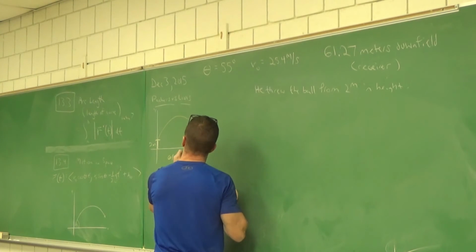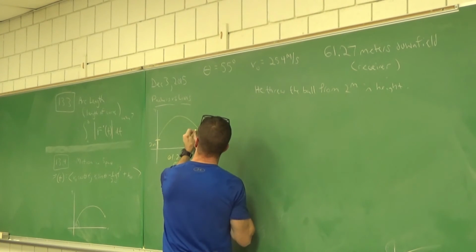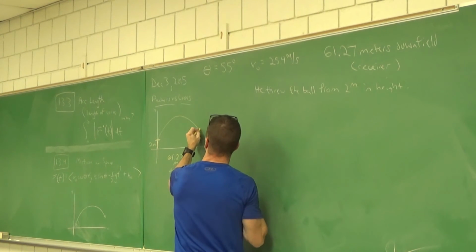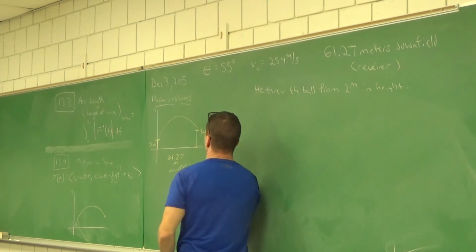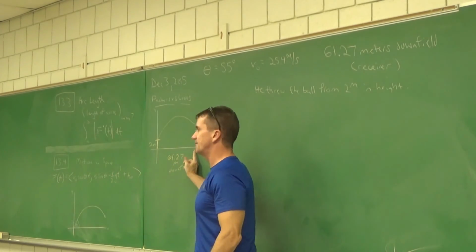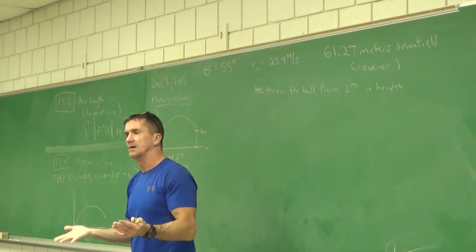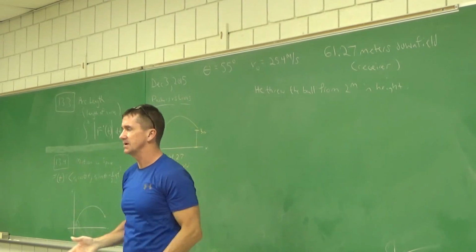Let's put a receiver down here. And let's say, for our math problem, that this receiver can catch any ball between 0 and 3 meters. The receiver can catch any football standing downfield between 0 and 3 meters. Why so high? Jump. He can jump pretty high.